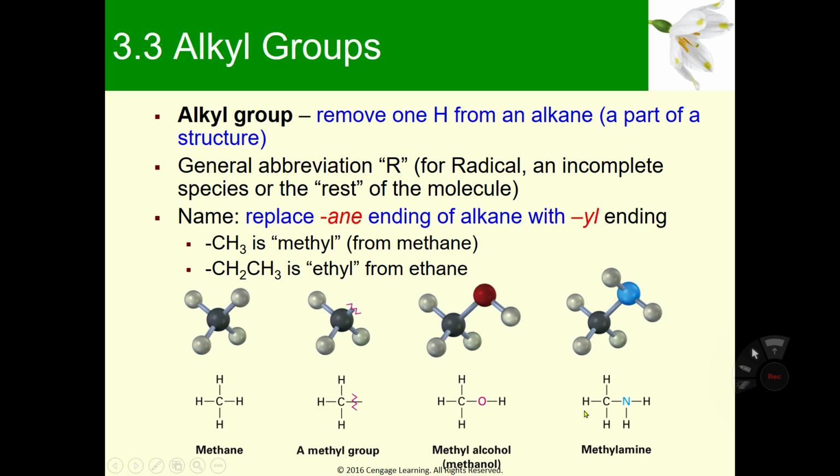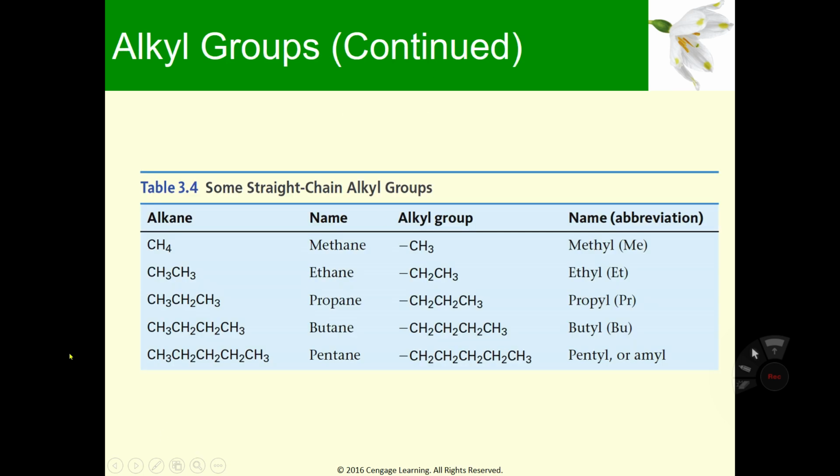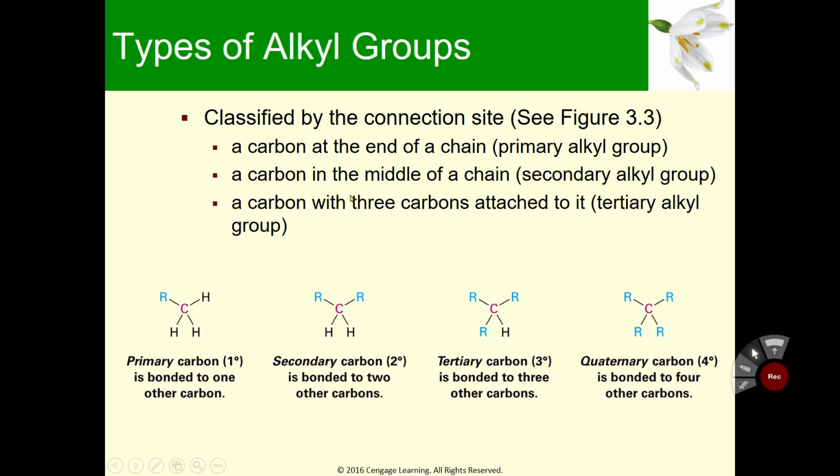This will be methylamine. We can consider many alkyl groups like methyl, ethyl, propyl, butyl, and pentyl. If you have 6 carbons, we can say hexyl, okay? Heptyl, octyl, nonyl, like that.